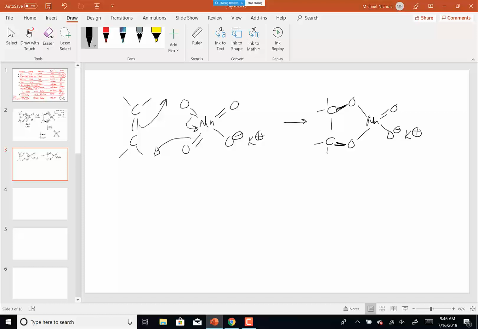Only in this case, potassium permanganate is like dirt cheap. If you've used it in General Chem Lab, it's the purple stuff that makes the dark purple solution. Usually you titrate that with iron, or you titrate iron with it. If you have a fish tank and it's kind of cloudy, you add a couple drops of a dilute permanganate solution, and the permanganate goes in and reacts with all of the fish waste and other stuff, and it oxidizes it.